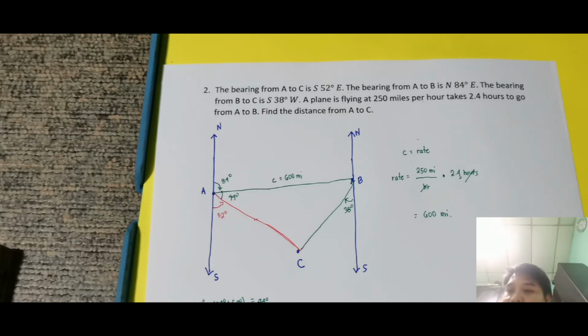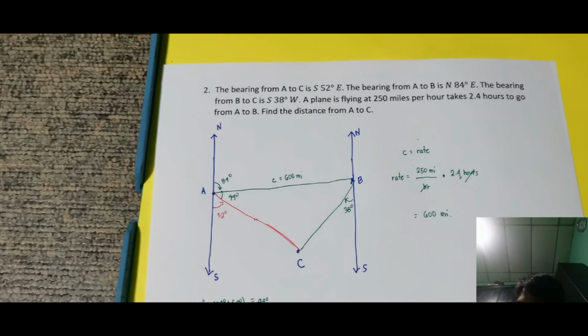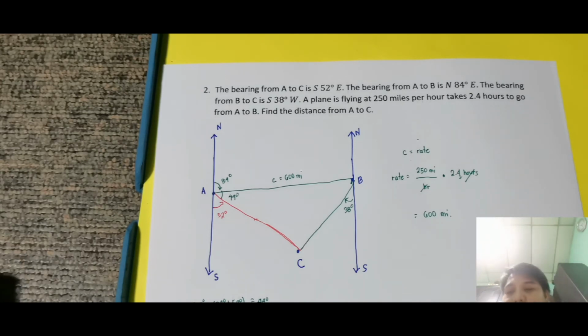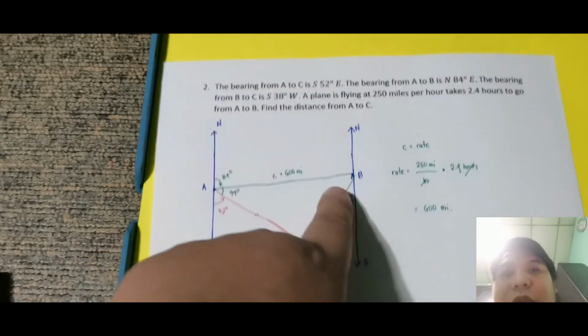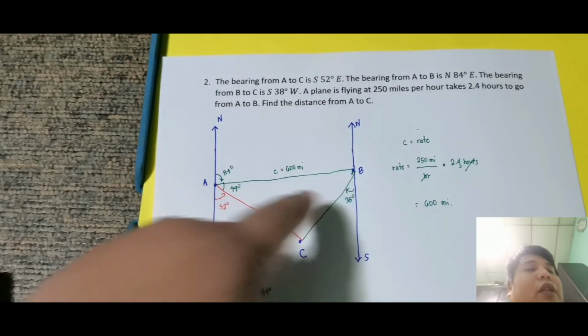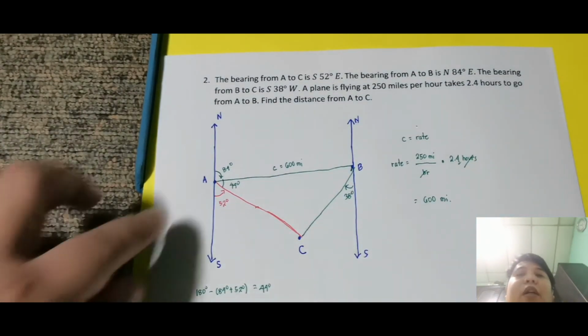Pero kung titignan natin, ang obvious kasi na, check ko lang din, 180 minus 84, that is 96. Check ko lang din yung value. So 180 minus 84, that is 96. Gusto kasi makuha yung angle dito, ito yung nasa labas para makuha natin yung sa loob. Wait diba? 84 to.